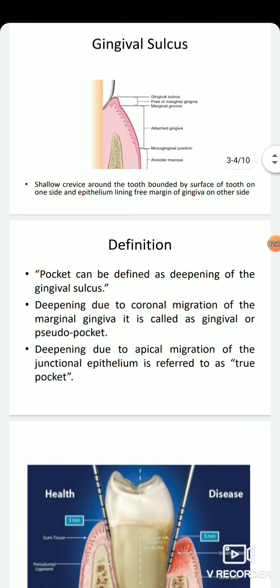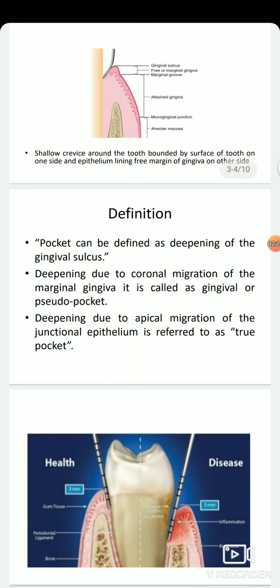So coming to the definition of pocket, pocket is nothing but deepening of gingival sulcus. As I've already mentioned, 2 to 3 millimeters of gingival sulcus is normal. When this particular space is increased, that is called as a periodontal pocket. So how does this deepening occur?